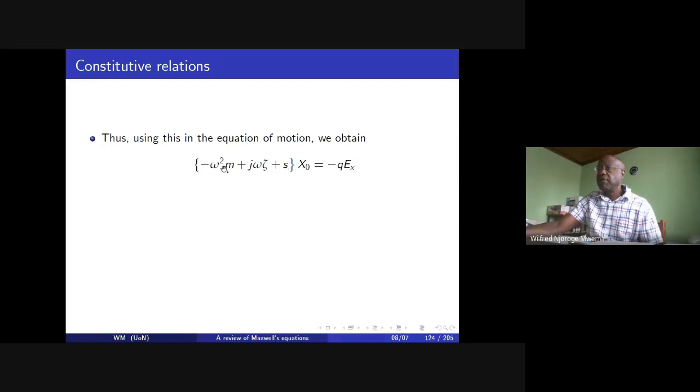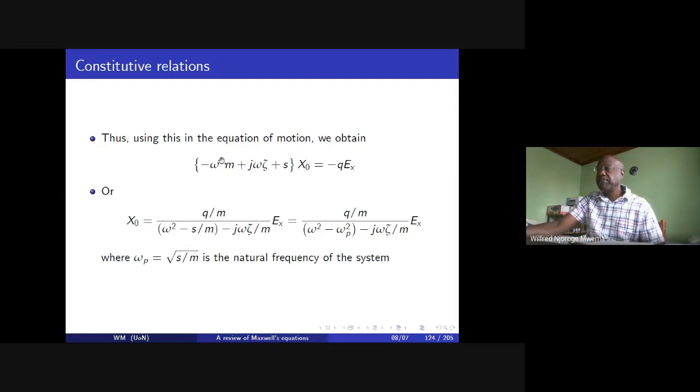Thus, when we use this in the equation of motion and solve, this is what we get. We get that minus omega squared m plus j omega zeta plus s, multiplied by that phasor value, is equal to minus q of E of x. This gives us a nice equation where we can divide through by m, and then we can take the values as shown there, and we get a value for the x naught as given by that.